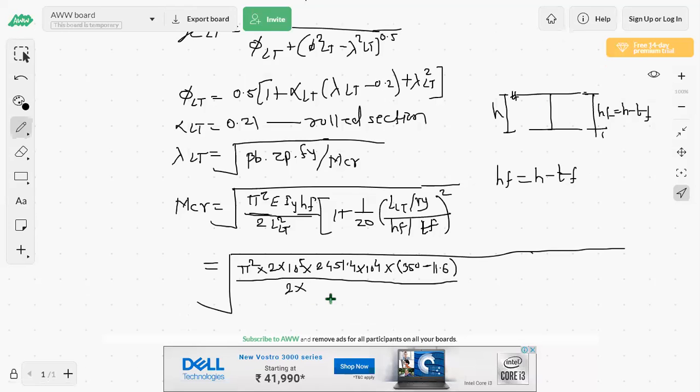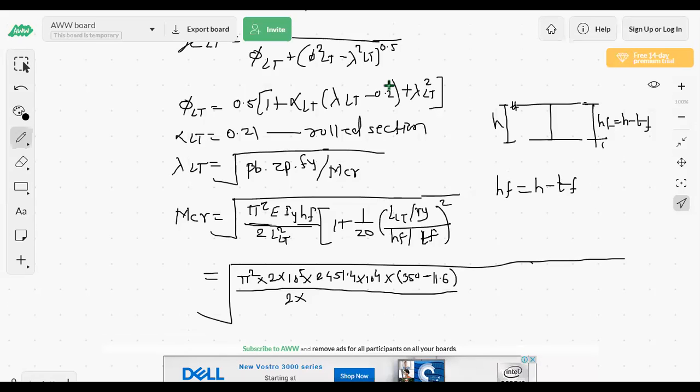It is the effective length for lateral torsion, which we have already calculated. It was 4.850 meter.